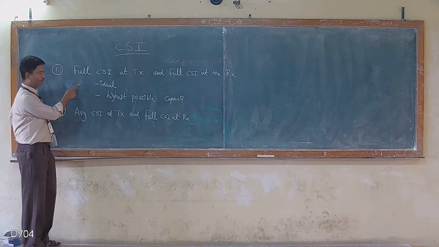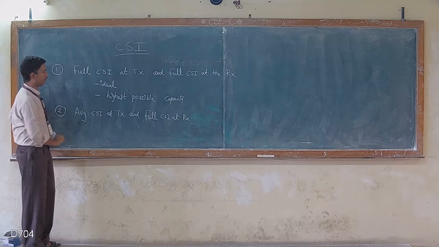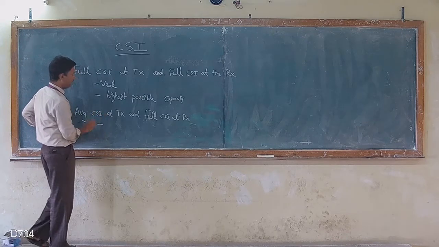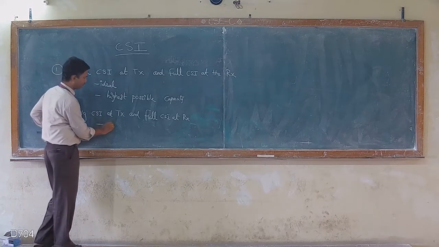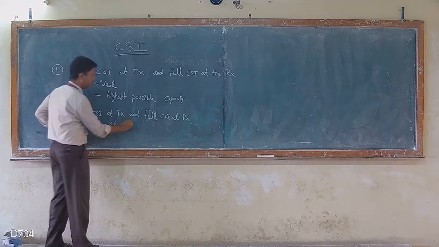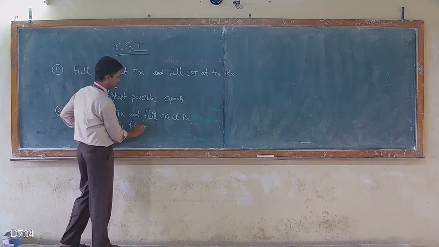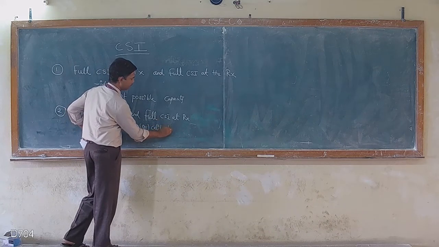First case is difficult, whereas the second case is easier when compared to the first case. And this is easier when compared to this, but it requires a slow feedback or it requires calibration for the reciprocity.